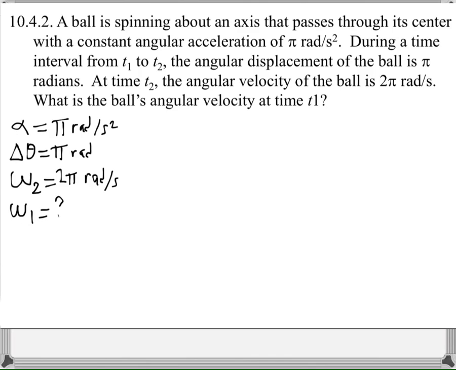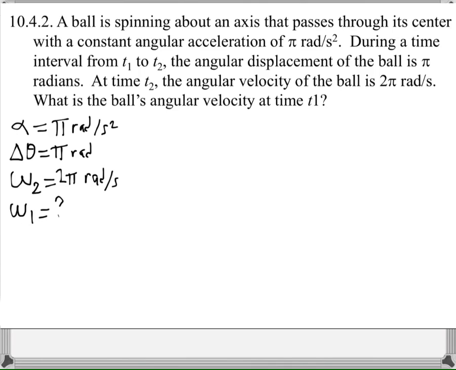So what kind of equation should I use? It is obviously a constant accelerated motion, but everything is in angle, not linear distance, but in terms of angle. But we have the same forms of equations, right?